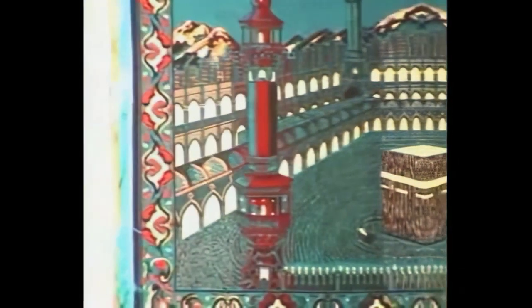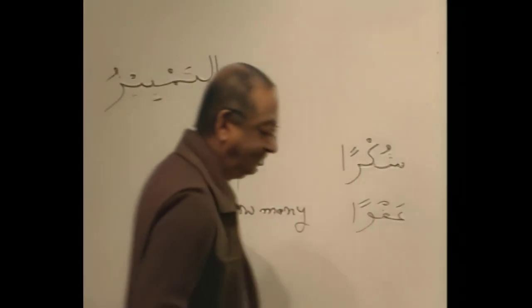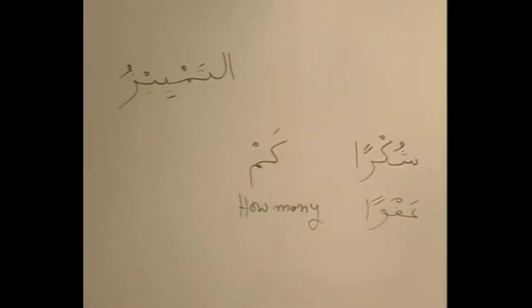Now, whenever you use kam in the sentence, what did I say? What is the meaning of kam? How many? Is it clear how many? No, it's not clear. How many of what?